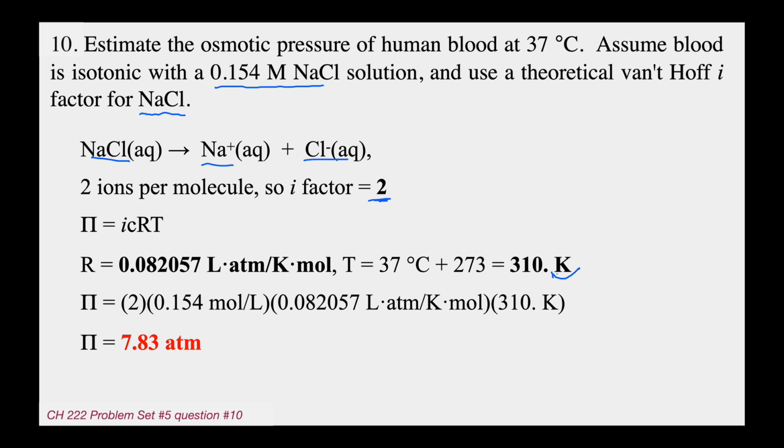Don't worry about that for sig figs. 7.83 atmospheres. So this example of human blood has a pretty appreciable pressure. 7.83 atmospheres is nothing to sneeze at, shall we say. So 7.83 atmospheres is the solution pressure exerted by this sample. And that's pretty high. It's pretty crazy what this stuff can do.